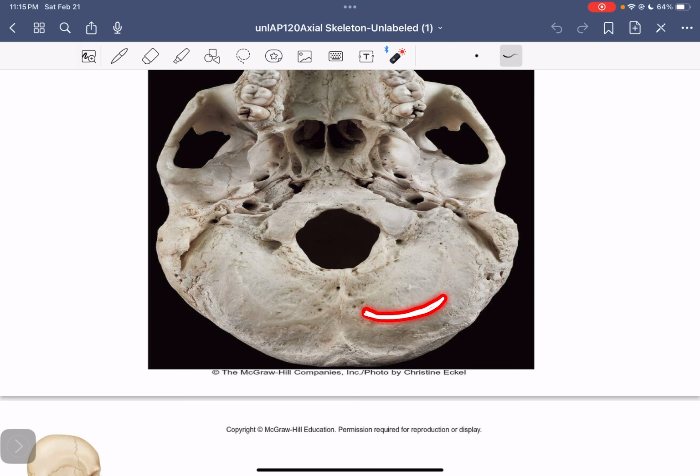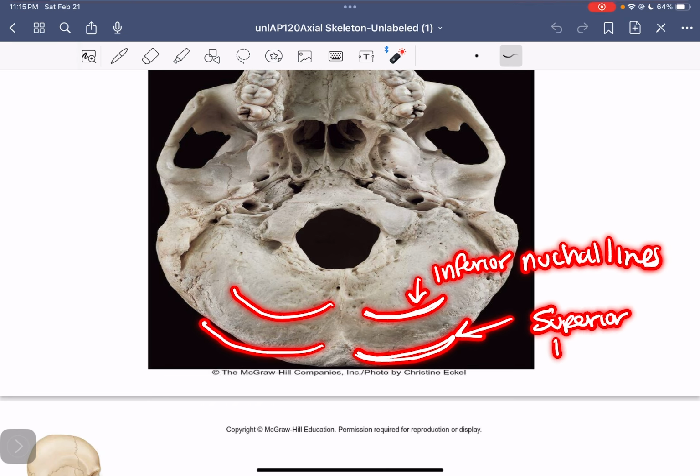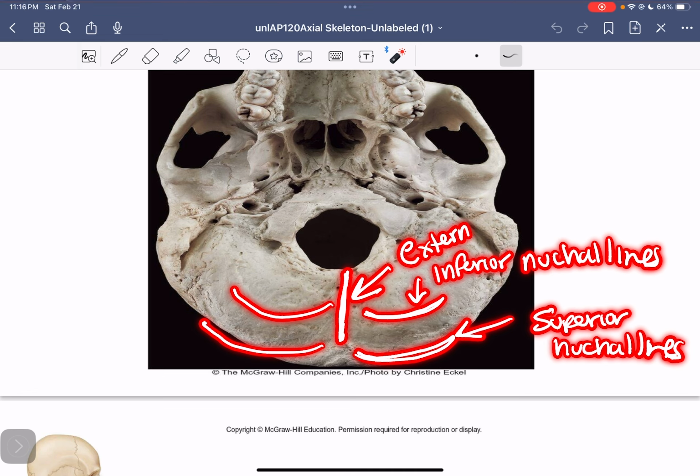There's these inferior ones, and then there's these superior lines. So the inferior ones would be the inferior nuchal lines. Then the superior ones would be superior nuchal lines. And then we know that the line that is connecting the external occipital protuberance to foramen magnum is going to be your external occipital crest.